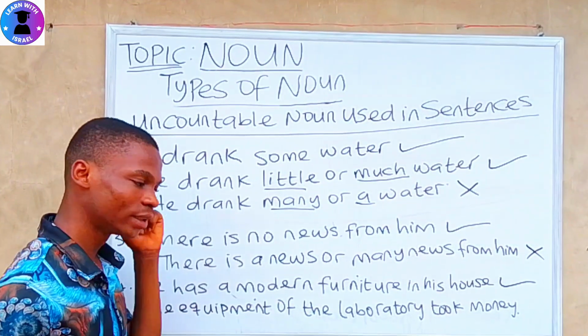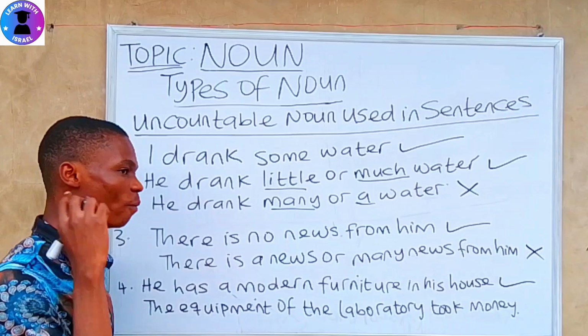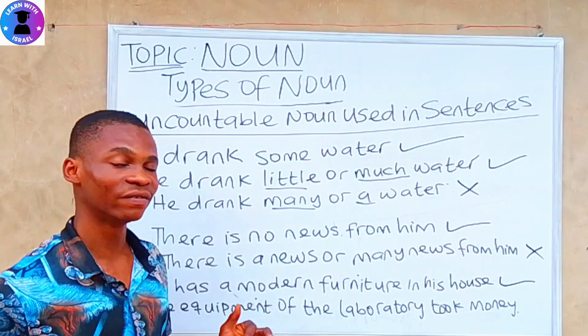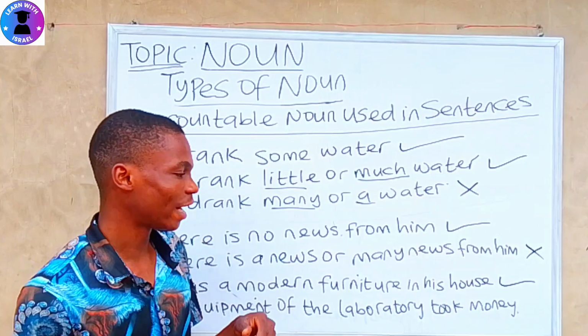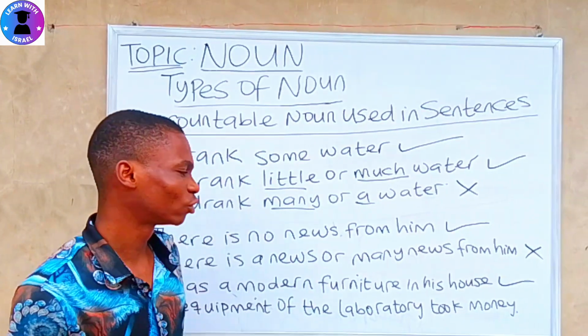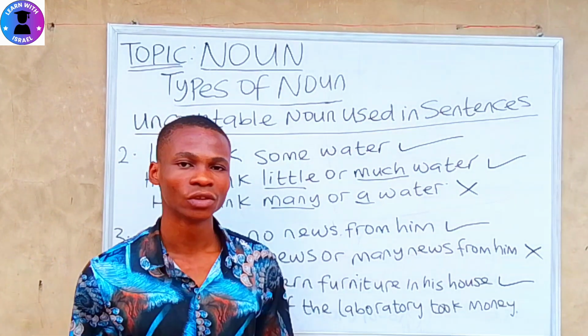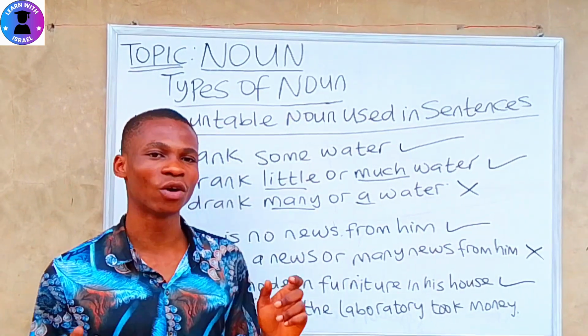So avoid combining a furniture or many furniture or a equipment or many equipment. It is very, very wrong. And don't add s to furniture or equipment. Adding s to furniture or equipment is very wrong.